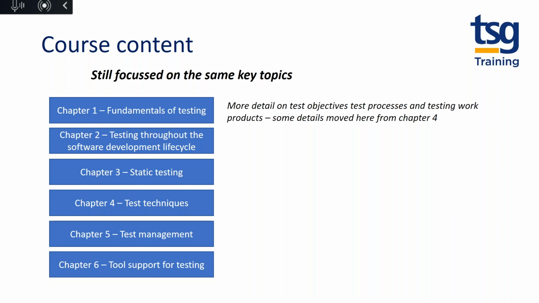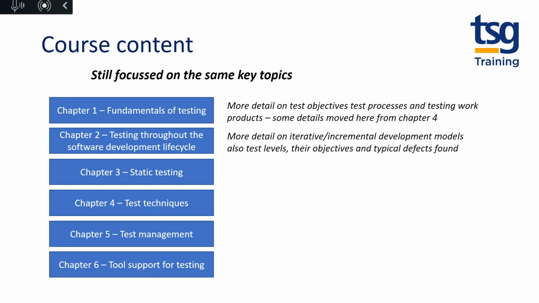Some of that detail has been pulled into chapter 1 from chapter 4, because really we had a lot of overlap before, we had a lot of repetition. So now your teaching time and your learning time is all looking at things that are being put across at the right point of learning and the right point of the process. There's less repetition. So more detail in fundamentals of testing, and that also reflects in the additional time.